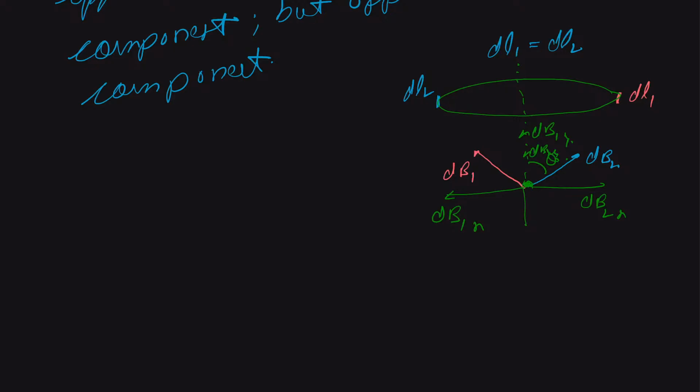So db1x will be equal and opposite to db2x, so the only component left is in the vertical direction.